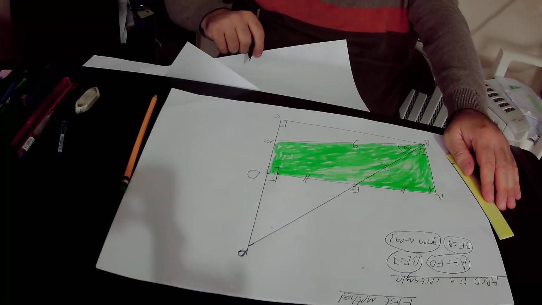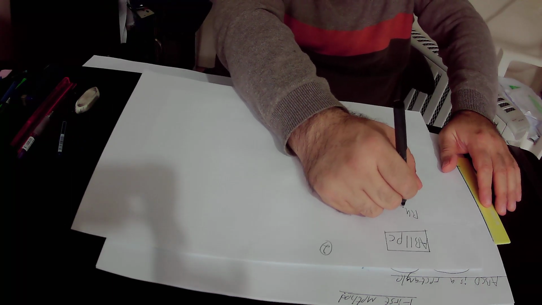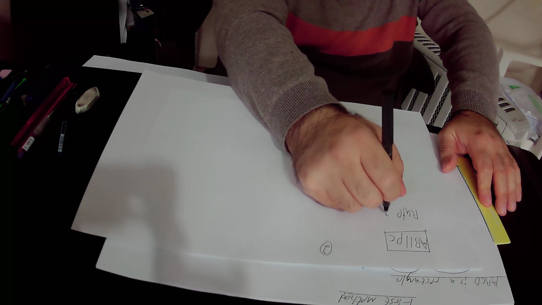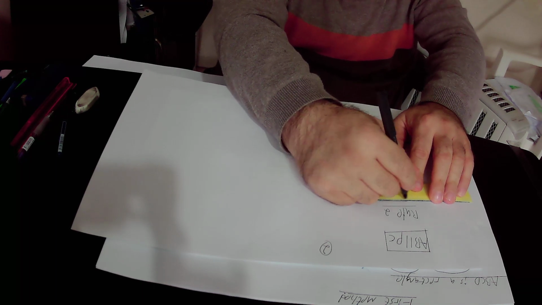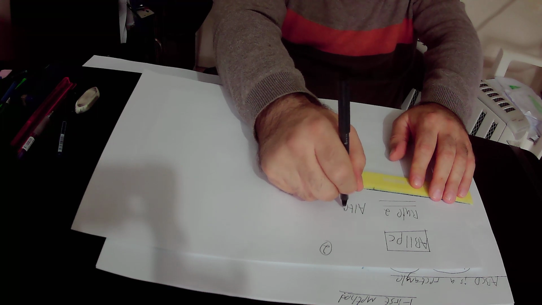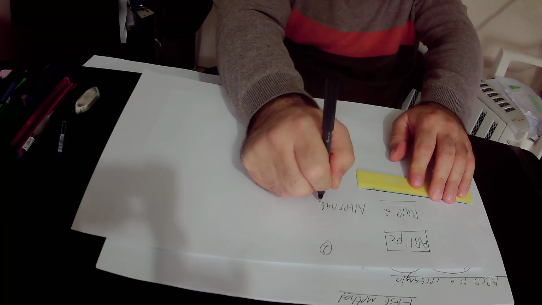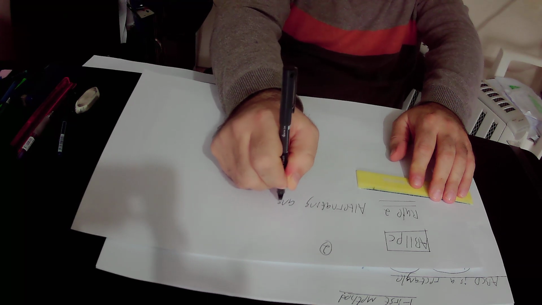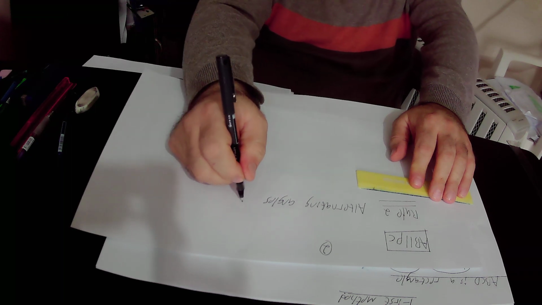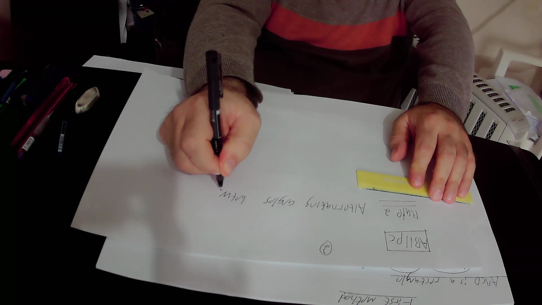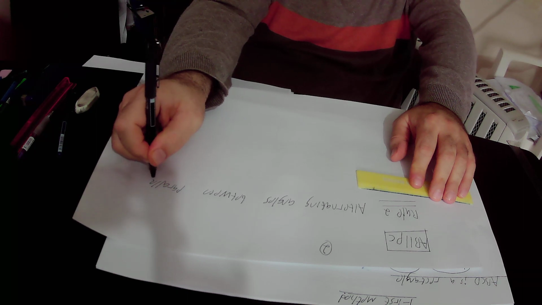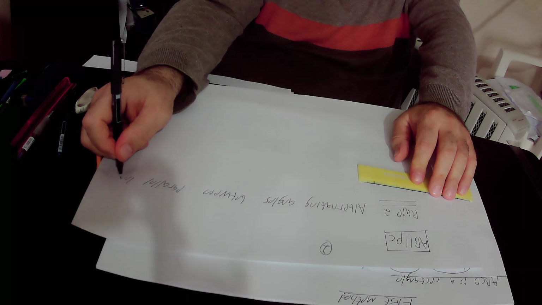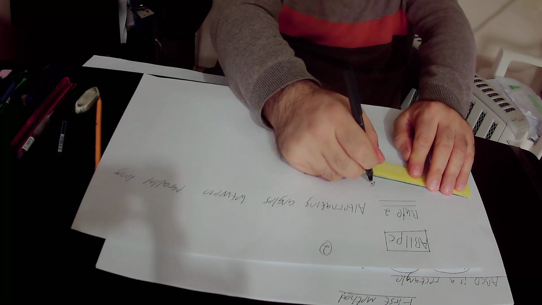And we also have rule number 2. According to rule number 2, alternating angles between parallel lines are equal to each other.